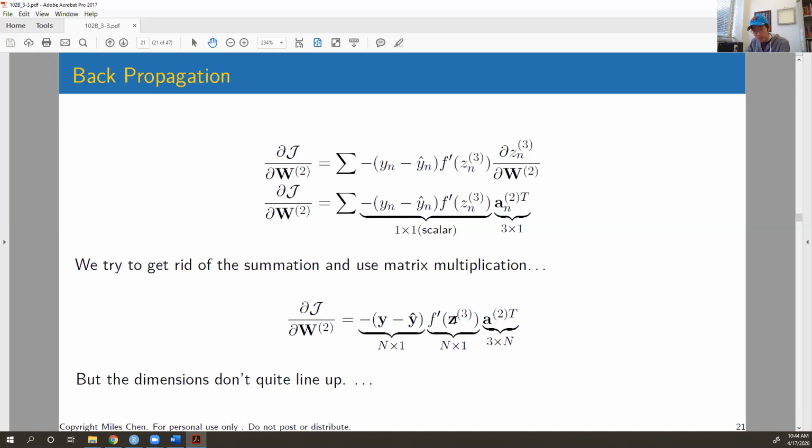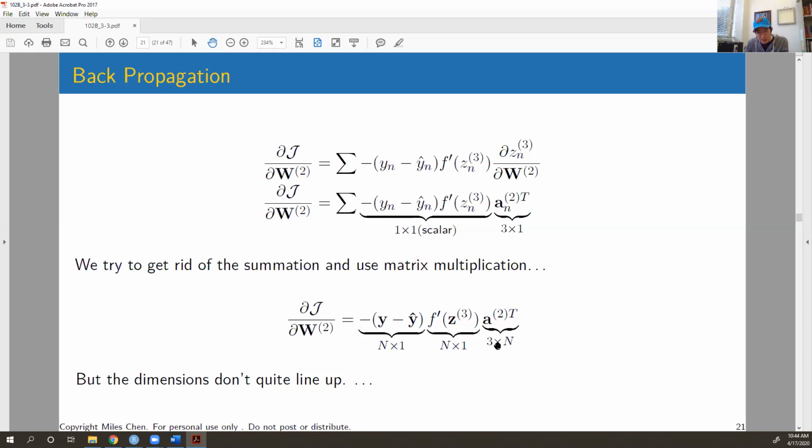So the matrix Z3 is n by 1, and this A transpose, which is currently 3 by 1, when I expand it, is going to be 3 by n, because the A2 matrix is n by 3, but I'm taking the transpose, so it is 3 by n.